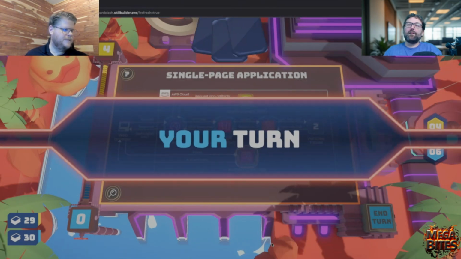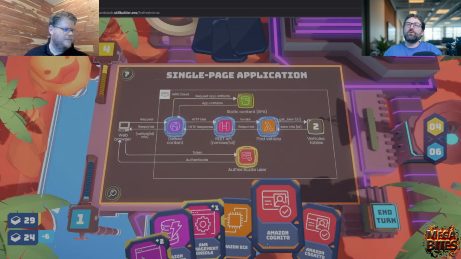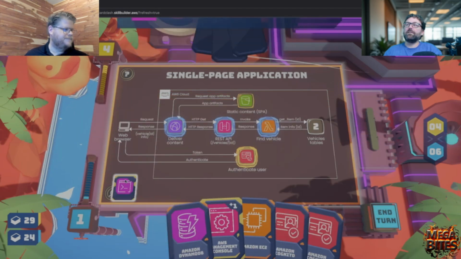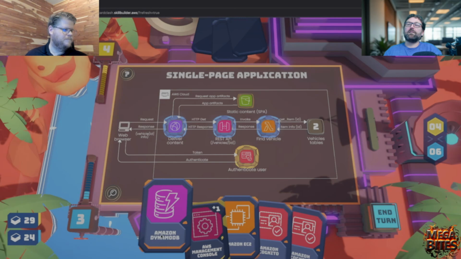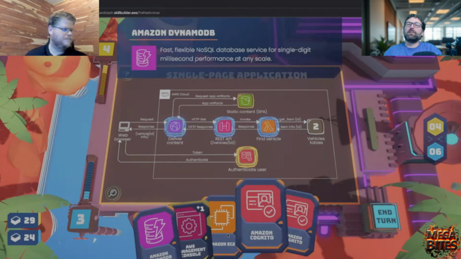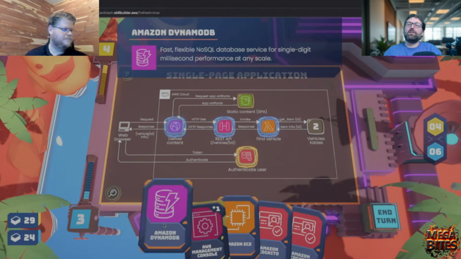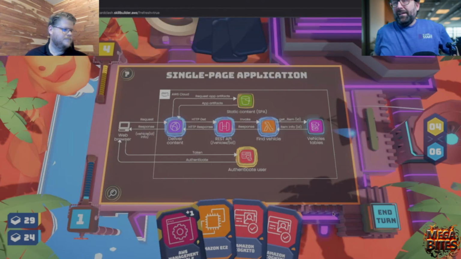Just drop DynamoDB and we win. That's it. There we go. If you don't have IAM to secure it, but the game's over anyway.